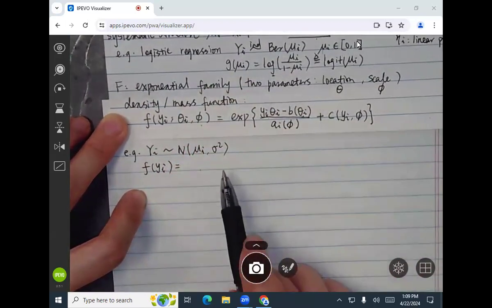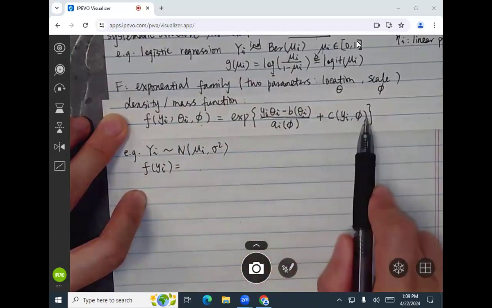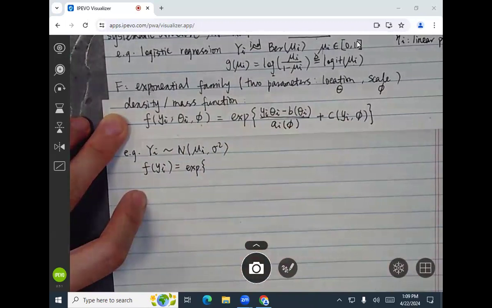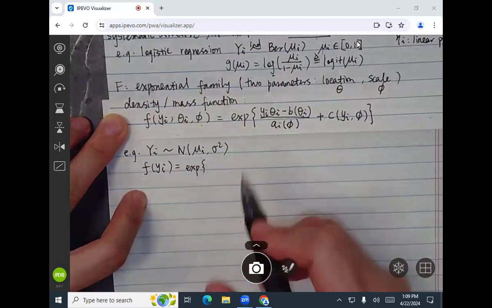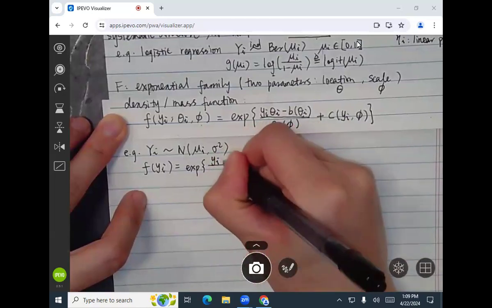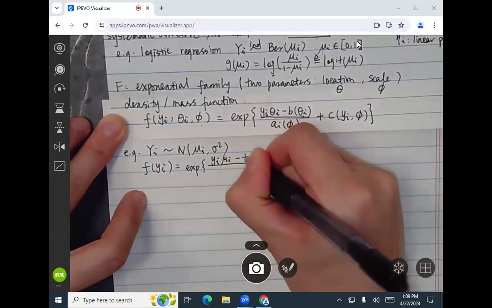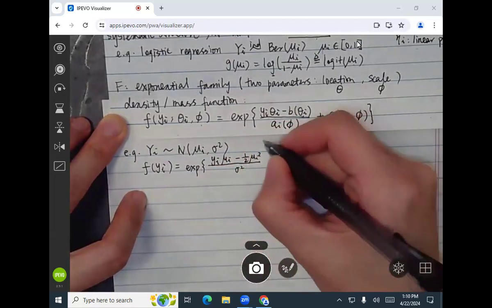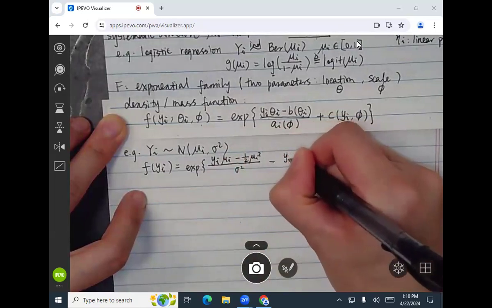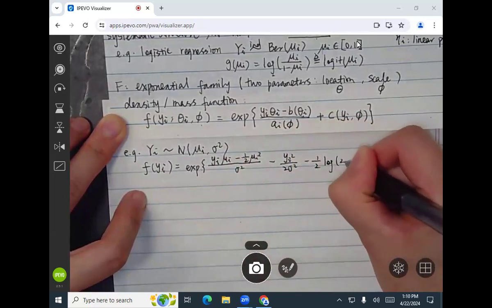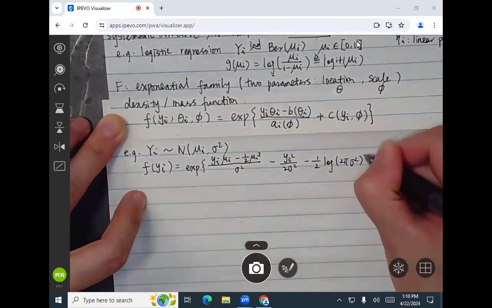I just put everything inside the exponential function to have the same form, putting the constants inside the exponential. So I will have: yi mu i minus 1/2 mu i squared, over sigma squared, minus yi squared over 2 sigma squared, minus 1/2 log of 2 pi sigma squared.